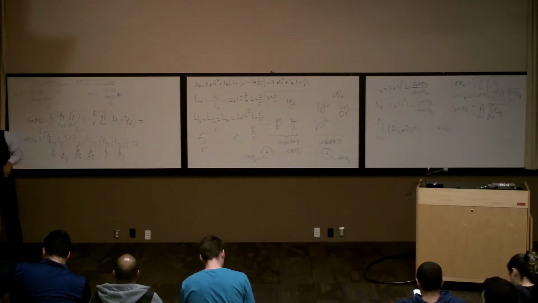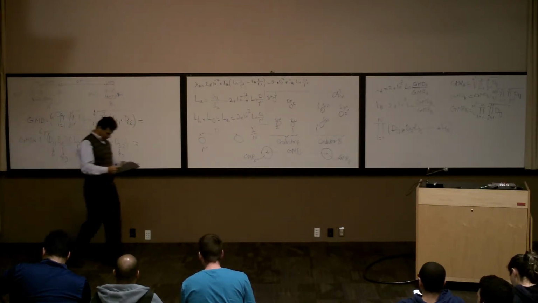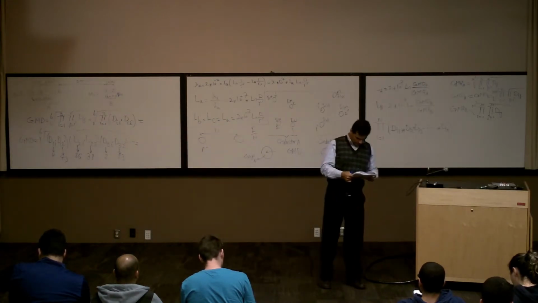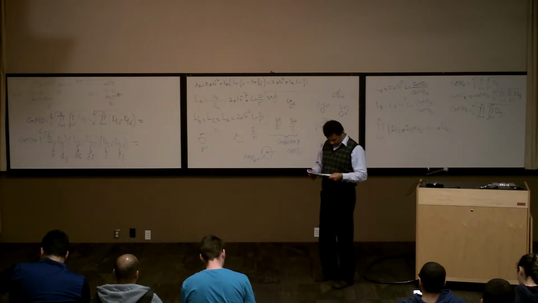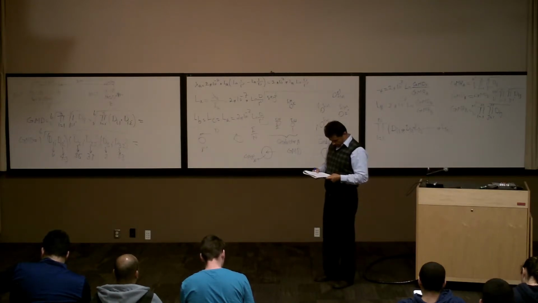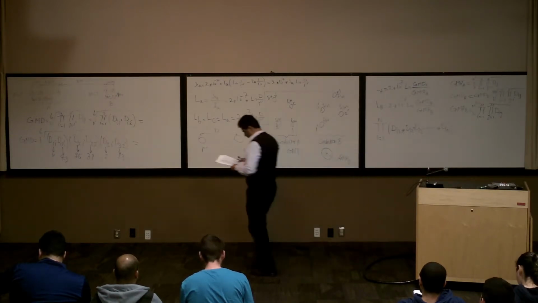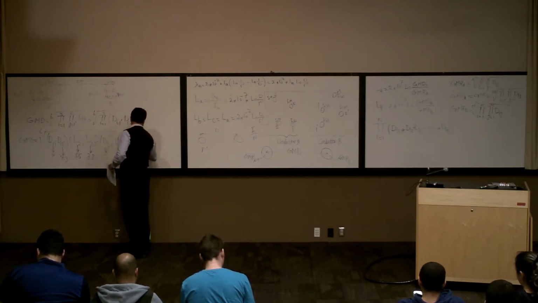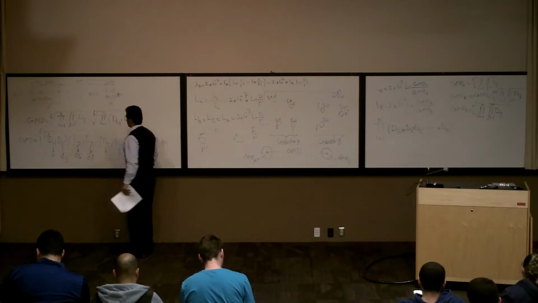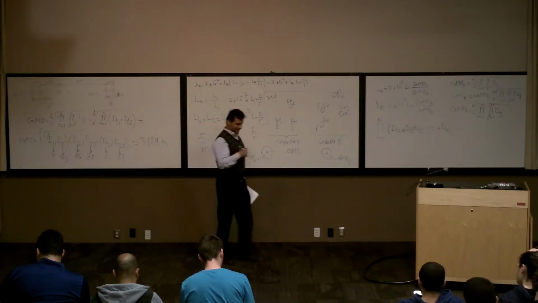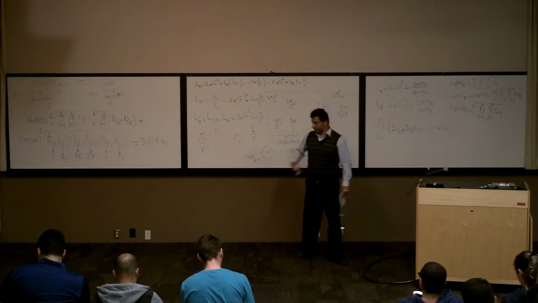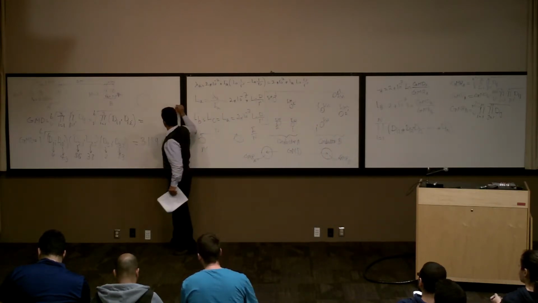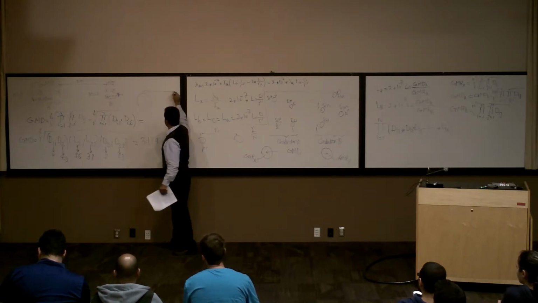And the number is going to be 3.189. So basically, it's saying, hey, you can replace this system with 2 conductors, which are 3.189 far from each other.